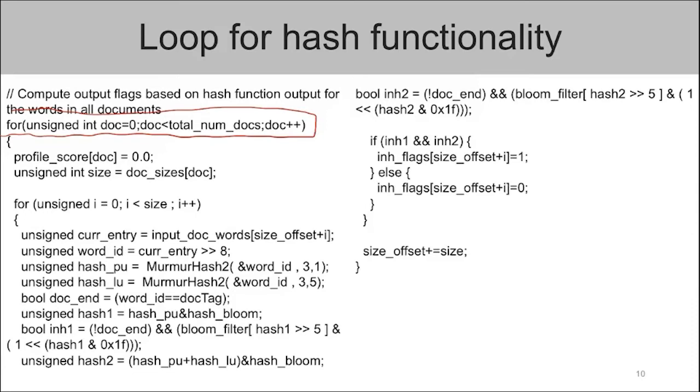And in each document, we will compute the input document words. For example, in this lab, we use a 32-bit Bloom filter. So we will compute the hash 32 times for one document, for example.